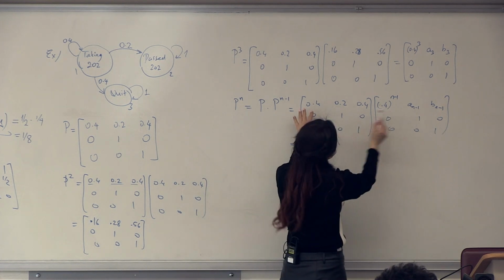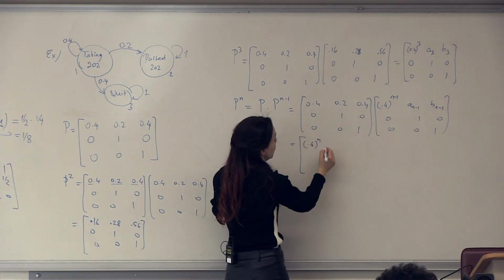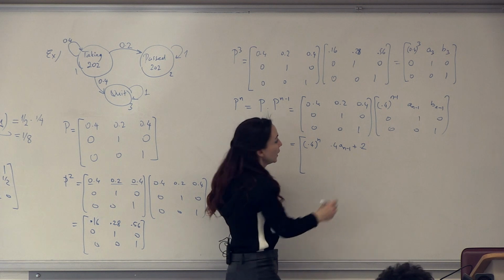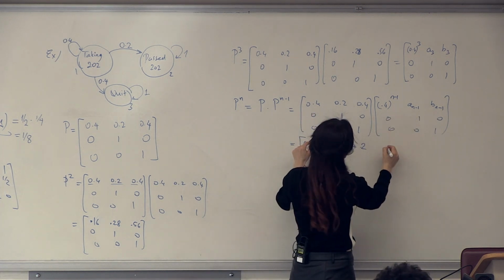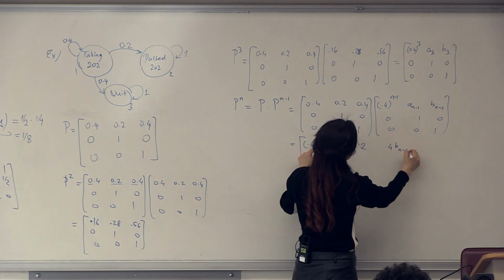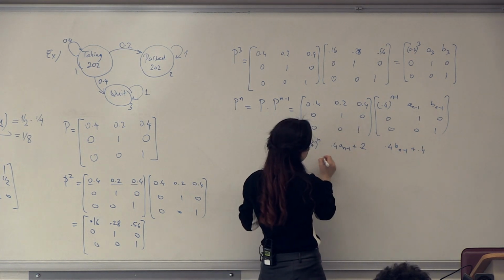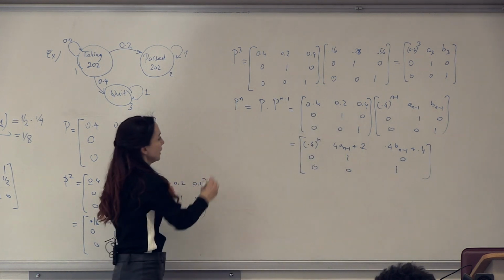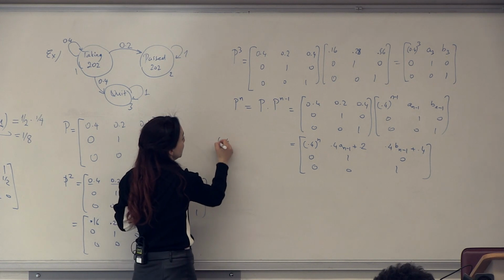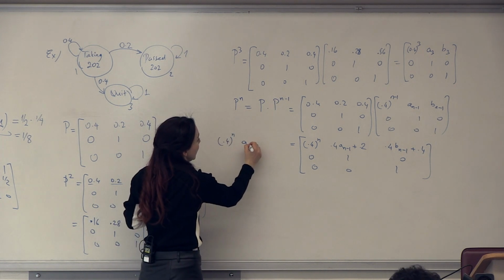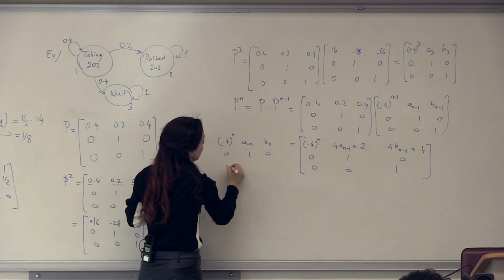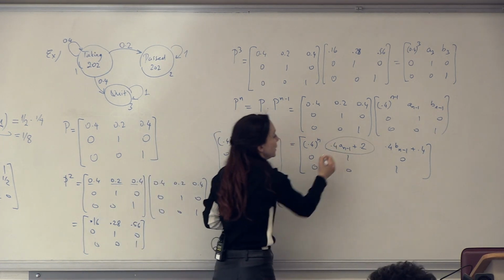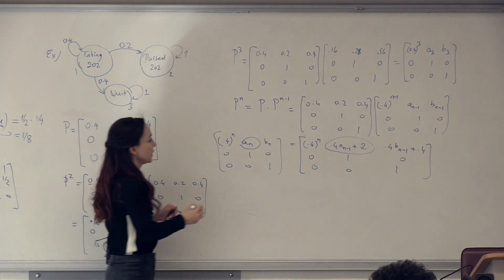How about this? 0.4 a(n minus 1) plus 0.2. And the other entry is 0.4 b(n minus 1) plus 0.4. And let me write this side: it's 0.4 to the n, a n, b n. So what I find is that a n is 0.4 a(n minus 1) plus 0.2. It's going in that way.